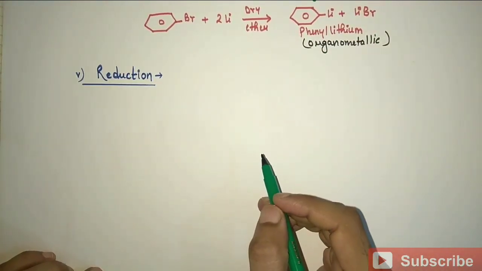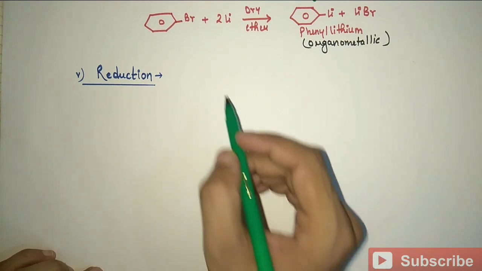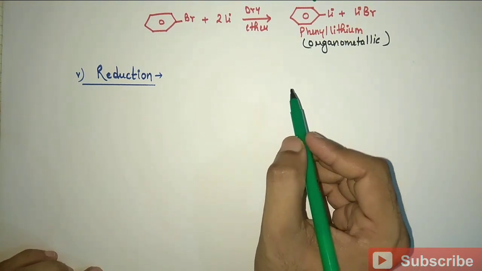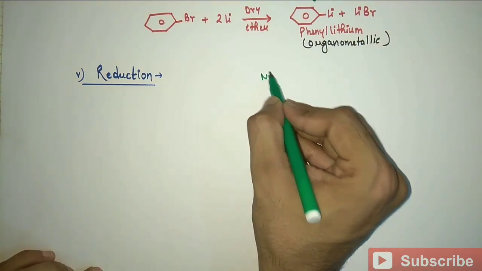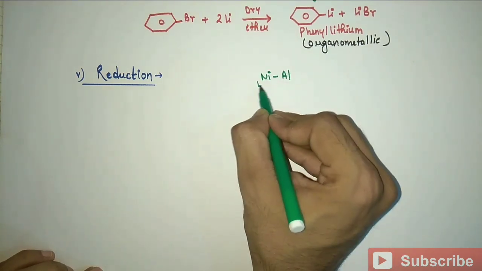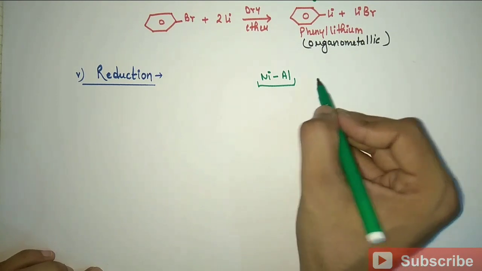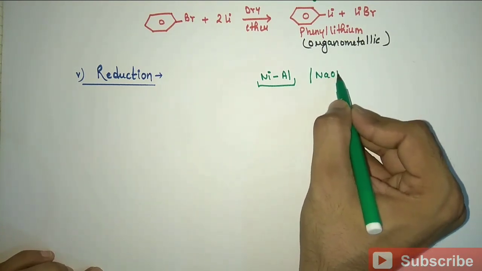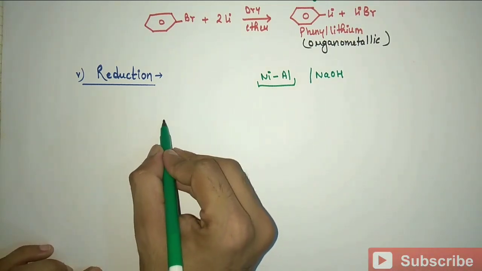Now, the last one is reduction. So our haloarenes can be converted into the corresponding arenes by reduction with nickel aluminum alloy in the presence of alkali, just like NaOH. So let's see what happened. This is our chlorobenzene.